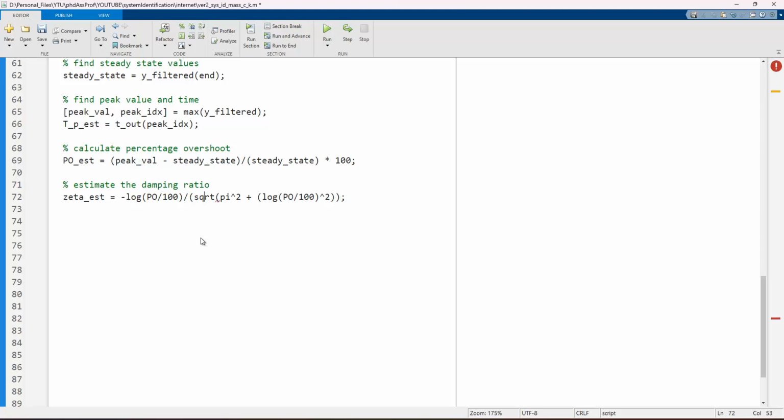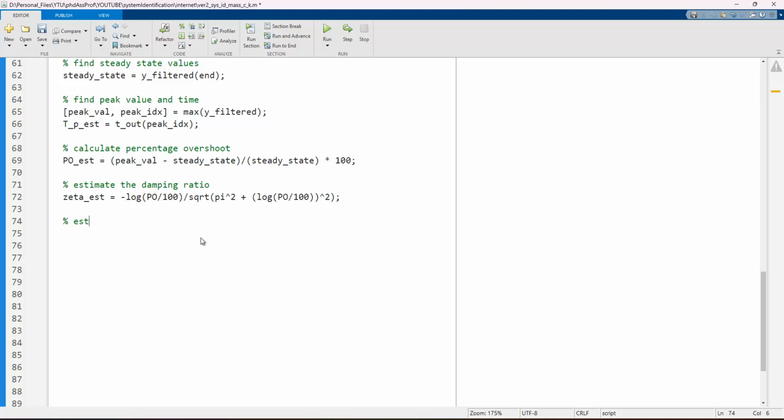Okay, I'm sorry. This is the basic formula for estimating the zeta approximation.